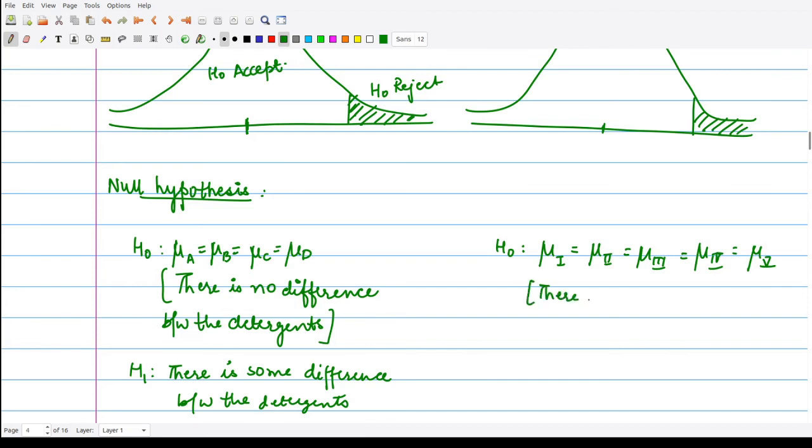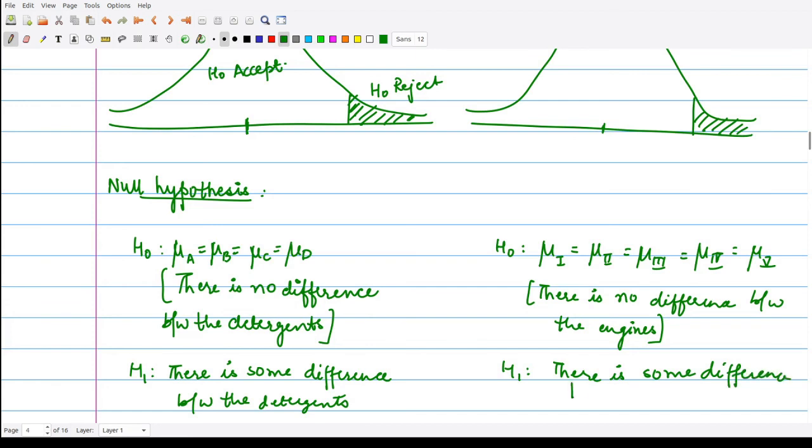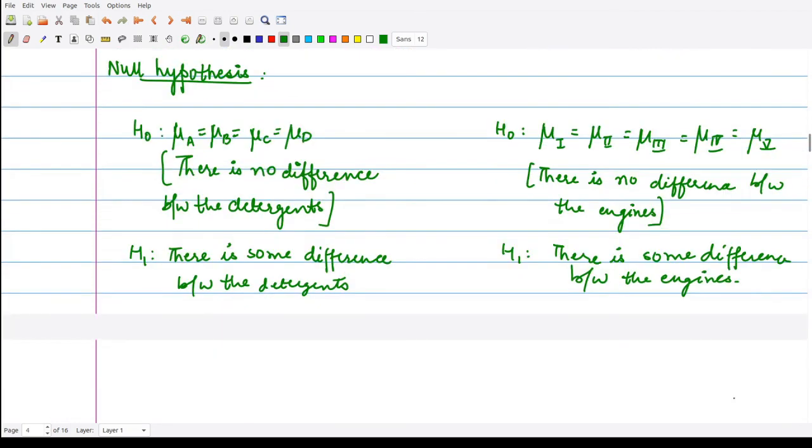So we will say there is no difference between the engines, and H1 would be there is some difference between the engines. Now according to the values F calculated and F tabulated, we will now make the decision, right?